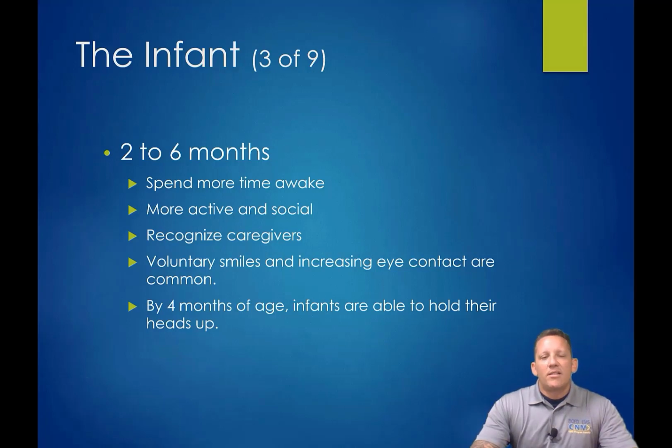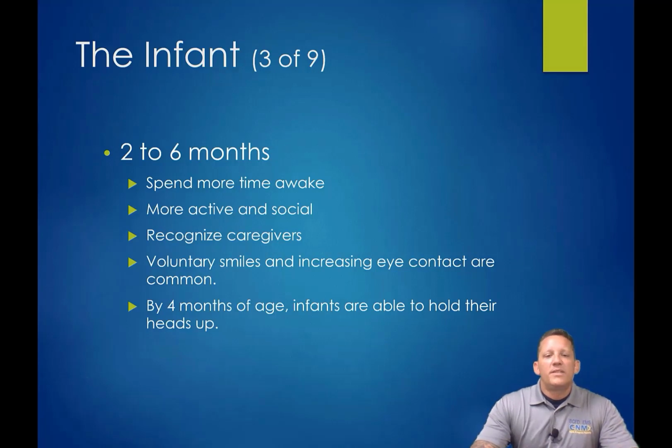They can recognize the caregivers. They know who the normal people are in and outside of their daily routines, and they will voluntarily or reflexively smile and increase their eye contact.